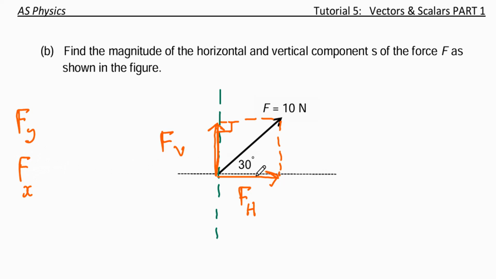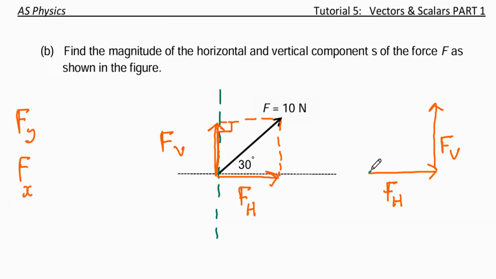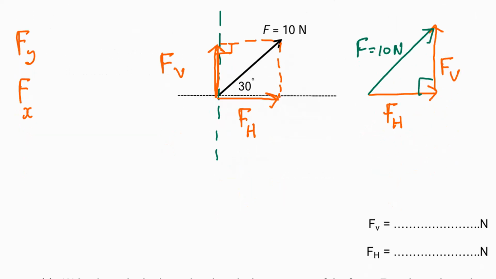Now, to find these components, we can firstly draw them head to tail. So FH and FV. Then the force F will actually be the resultant of its components. Now we use basic trig, we know this angle is 90 degrees. So let's first find FV.